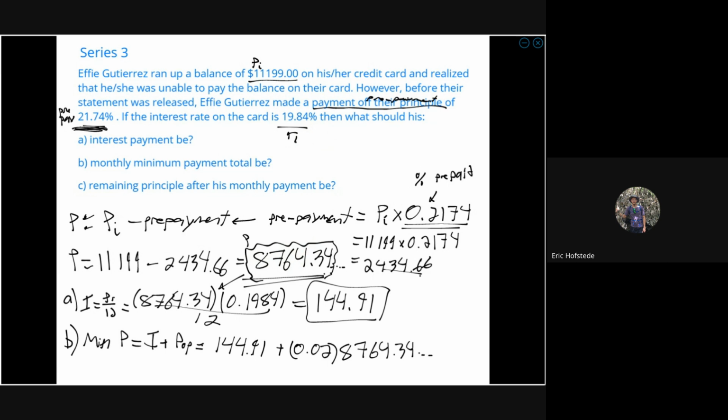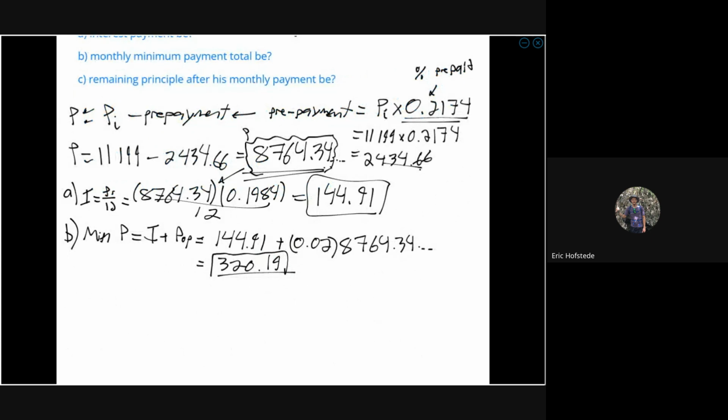I'll use my stored value to make this super precise. All right, so this is coming out as $320 minimum payment. That is my minimum payment.